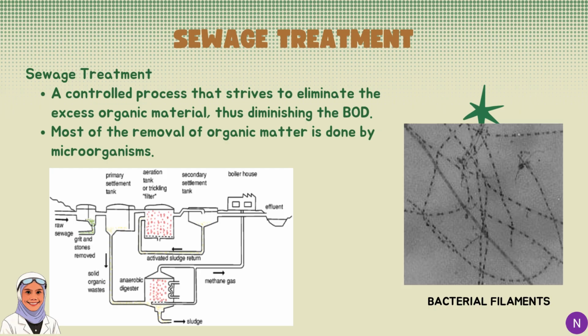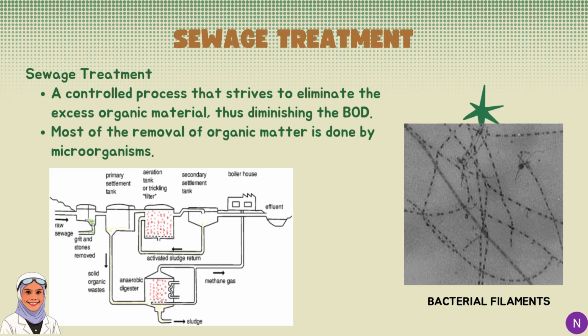So towards that, when they pour out the pollutants in the environment, that highlights why sewage treatment is necessary. Sewage treatment is basically the control process that strives to eliminate the organic material, thus reducing the biological oxygen demand.